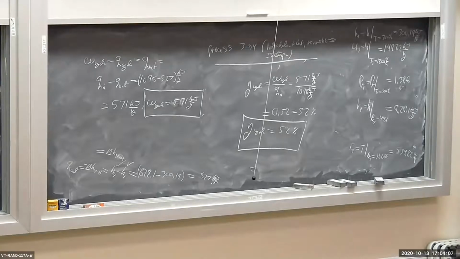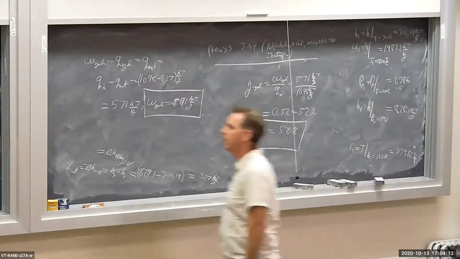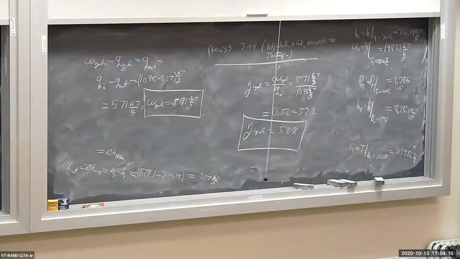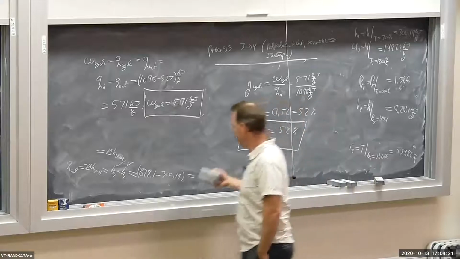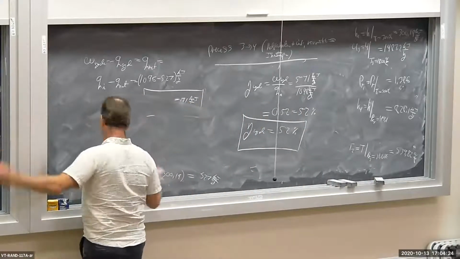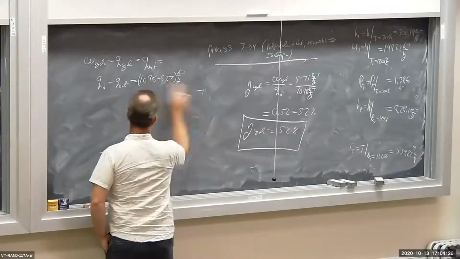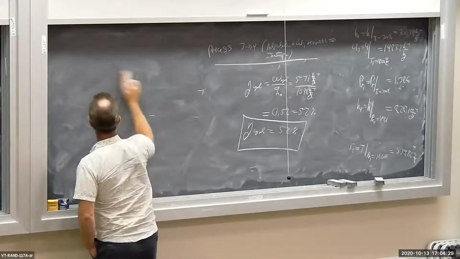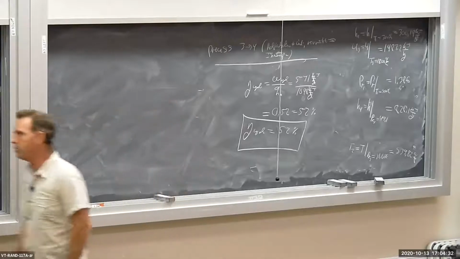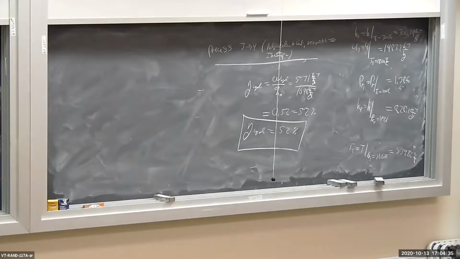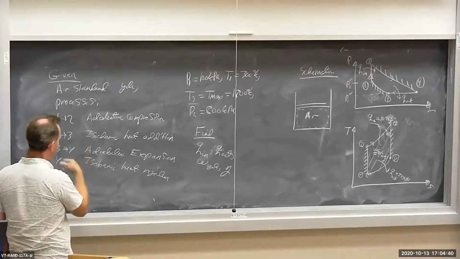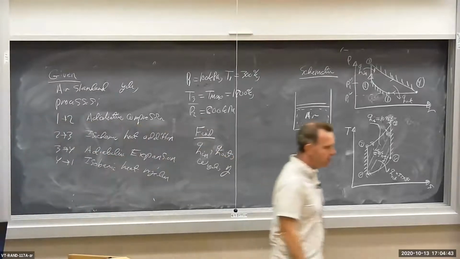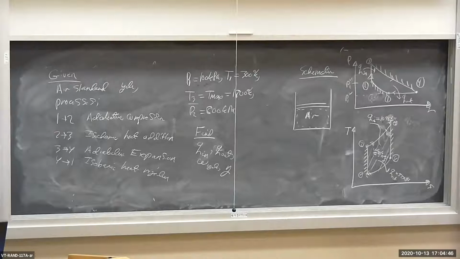Now, let's just take a moment here. We got just a few extra minutes. I might be going over a little bit, but I want to show you something. So this cycle here has an efficiency of 52%. What if instead of having that cycle with its various processes, adiabatic compression, isochoric heat addition, adiabatic expansion, isobaric heat rejection, what if instead I put a Carnot cycle in there instead?